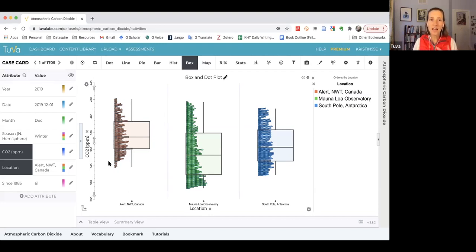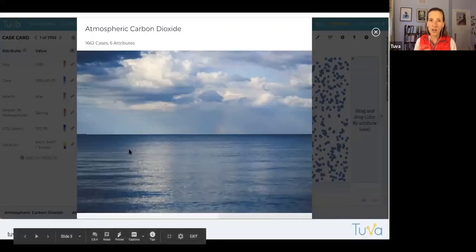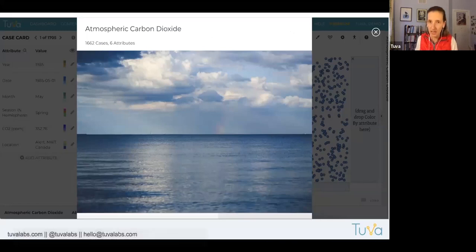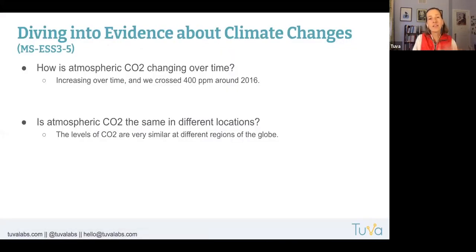By diving in quickly and getting a sense of what's going on through this data set, we can start to build a deeper understanding of what's happened to the drivers of global temperature and how they're changing over time. So carbon dioxide is increasing. We crossed this 400 parts per million threshold around 2015, 2016, depending on what location you're in. But your location actually doesn't matter all that much.